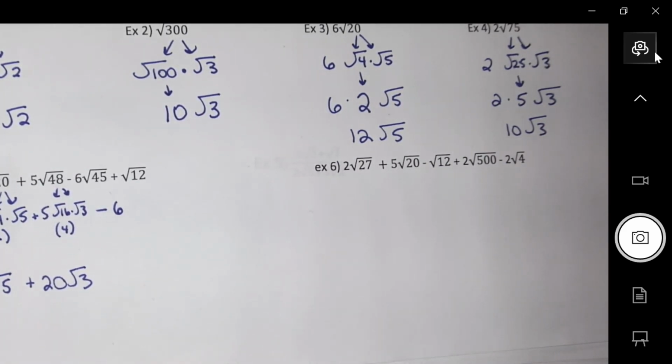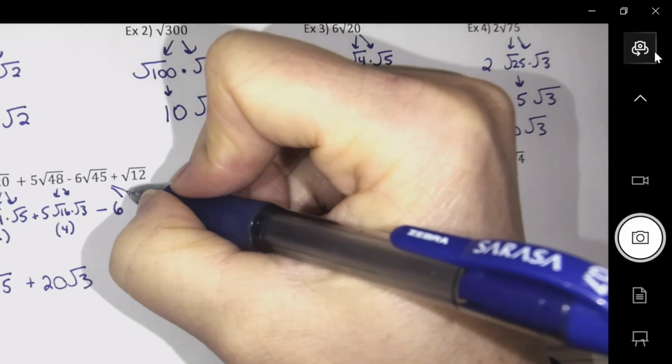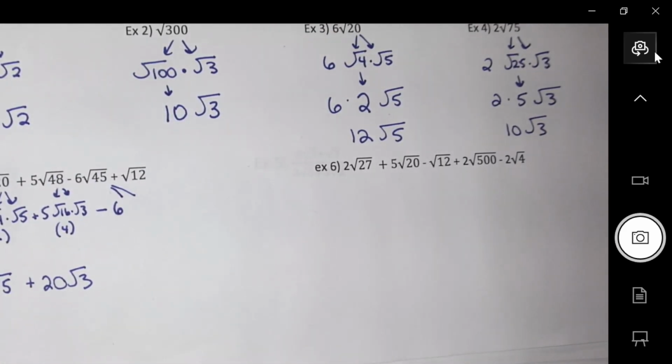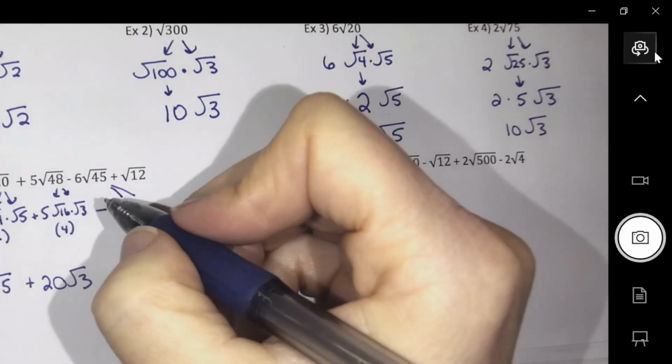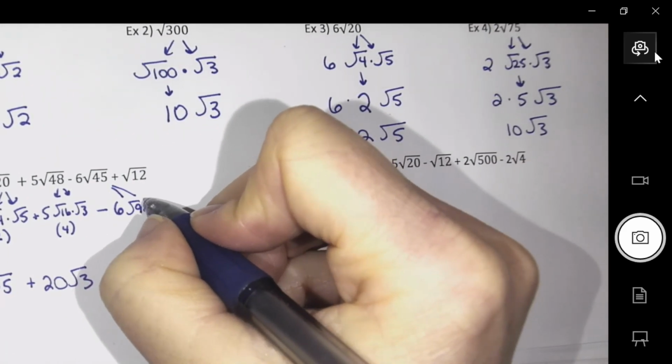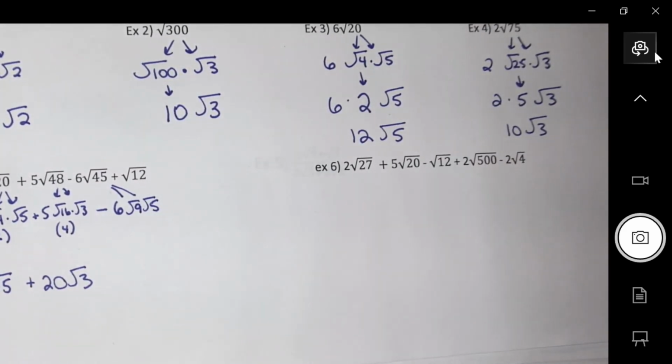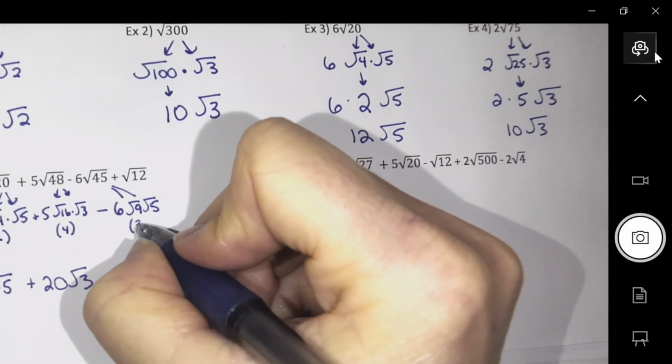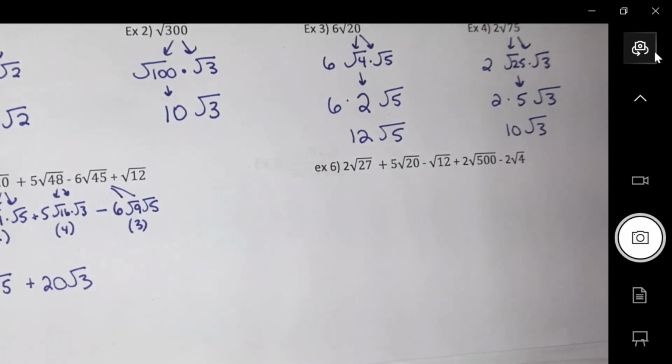Okay, 45. 45 is divisible by 9. So root 9, root 5 is the same thing as writing a root 45. Then that becomes a 3 as a whole number.